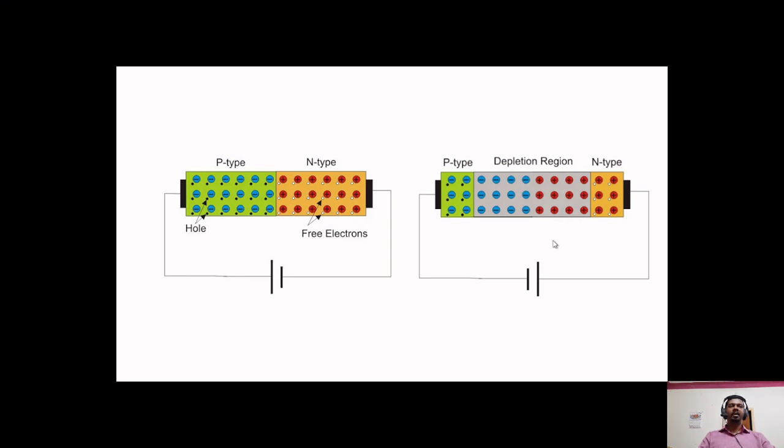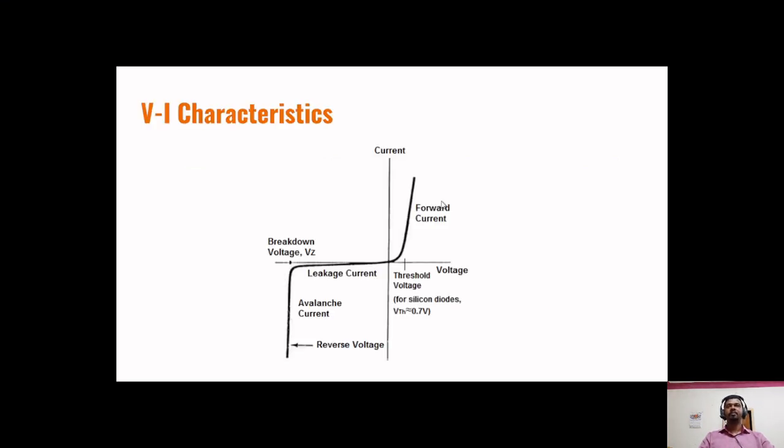In the reverse bias condition, the depletion region gets widened. Because of this, you don't find the flow of current. That means you don't find the flow of majority charge carriers. Only the flow of minority charge carriers is observed.